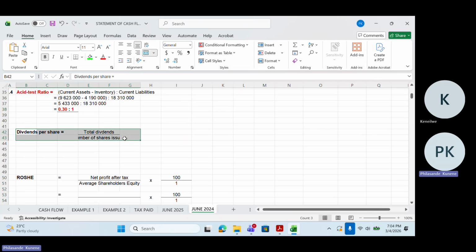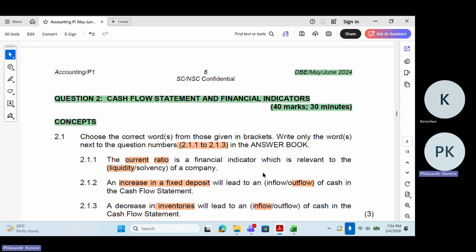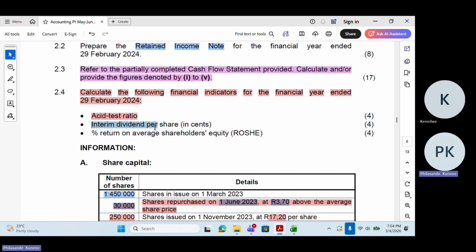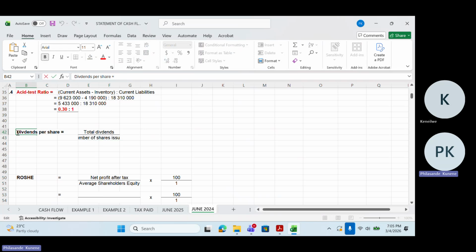Dividends per share, we did calculate it. The next one, what did they say here? They want interim dividends per share in cents, not just dividends, but interim dividends per share.